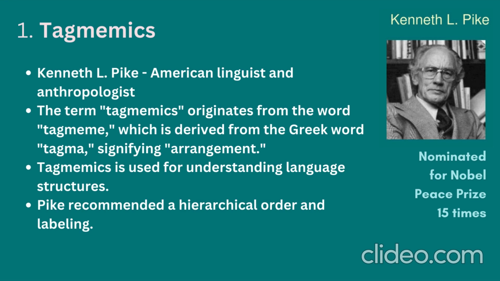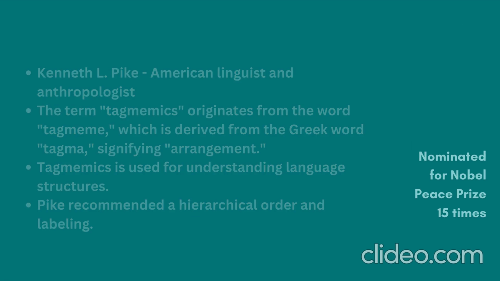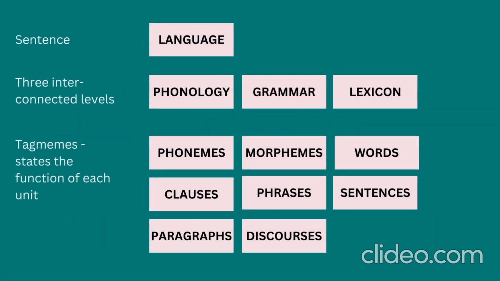Pike recommended a hierarchical order and labeling to understand the structure of languages. For example, if you have a sentence in a language, he stated that this sentence consists of 3 interlocking levels or 3 interlocking modes.